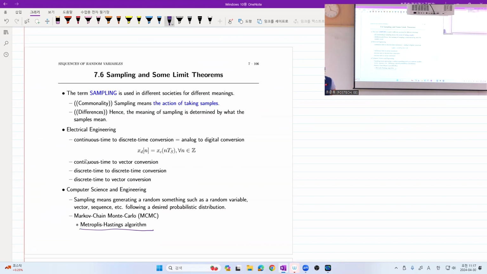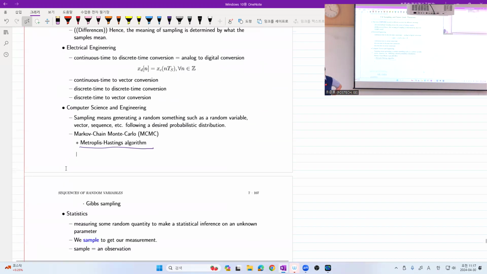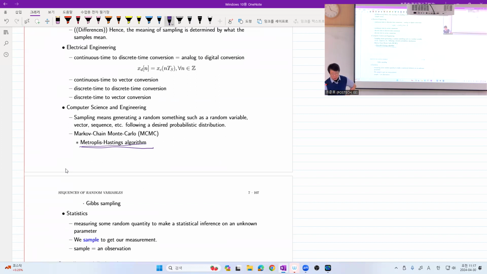But let me just tell you, what you need to remember is that the Metropolis-Hastings algorithm is one of the algorithms to perform Markov chain Monte Carlo sampling. And a subset, a class of Metropolis-Hastings algorithm is so-called Gibbs sampling, and you can also find some results. By the way, this Gibbs sampling appears in many machine learning textbooks, so you may have interest.